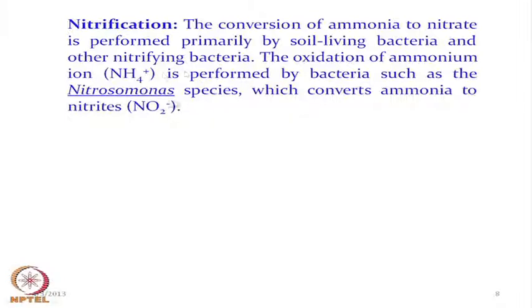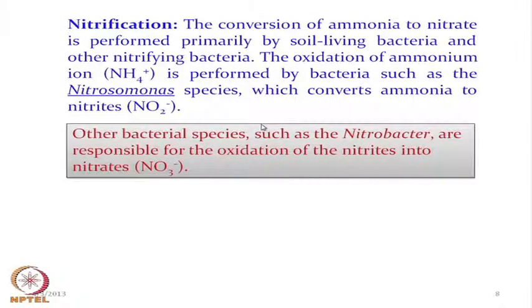So very easily we get the corresponding conversions to the nitrites, and the nitrites and nitrates, we know, are also another form of fertilizers that soil requires for useful plant growth. When Nitrosomonas is acting on ammonium ion, we get the nitrites, but some other bacterial species which we call Nitrobacter are responsible for the corresponding nitrate formation.